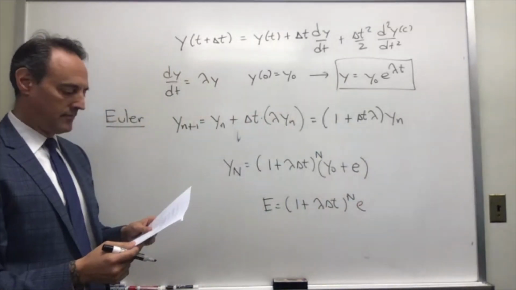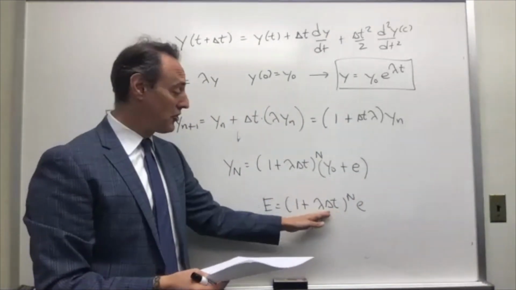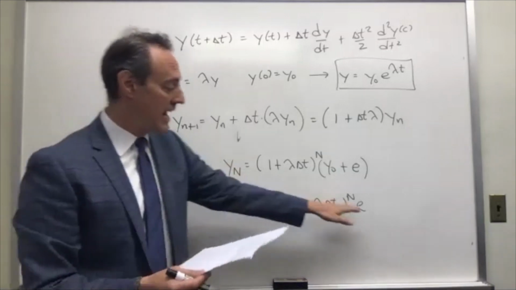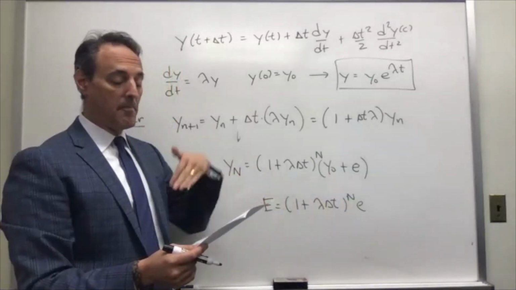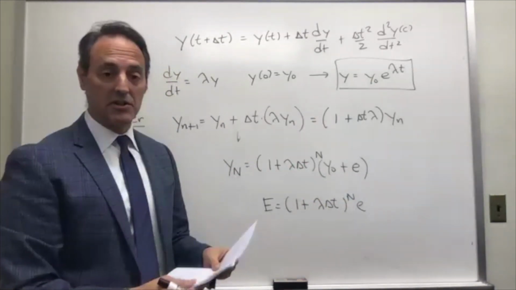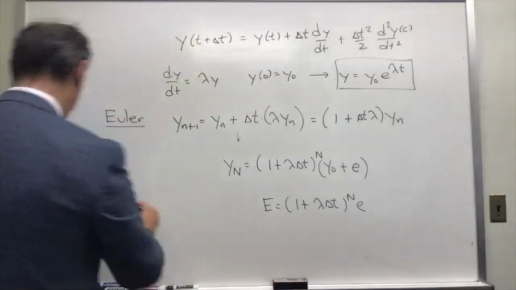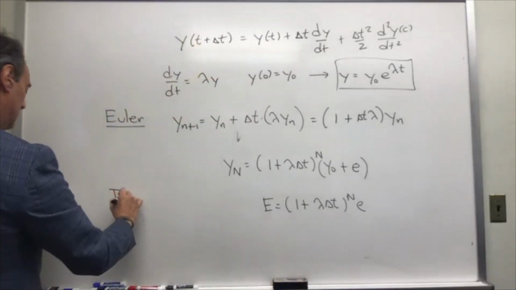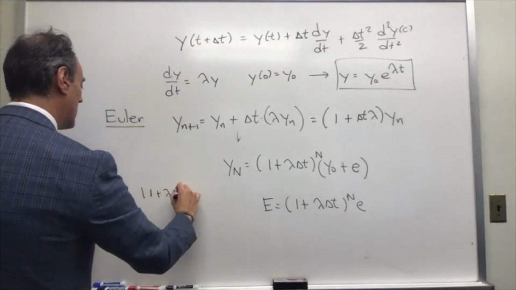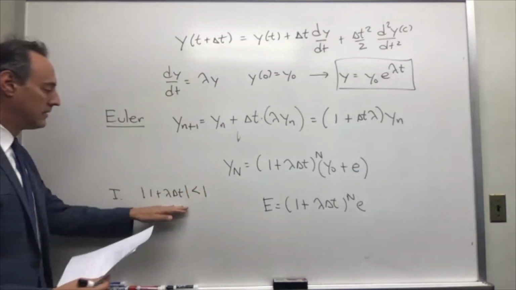Okay. Presumably delta t here is a positive quantity. So then you're just going to ask the following question: what happens to this error as I take many steps into the future? Well, it's pretty easy to see. There's two options for you here. Option 1, the absolute value of 1 plus lambda delta t is less than 1.